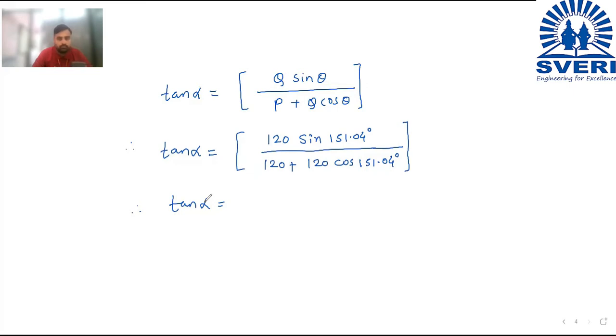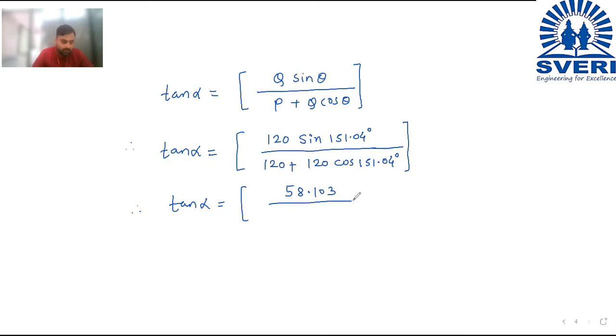So your numerator, I think if you solve this, it works out to be somewhat 58.103. Check the calculation. Whatever I am writing, it is right or wrong. Sometimes in the calculation mistakes may happen. So please check. Always do the cross checking.